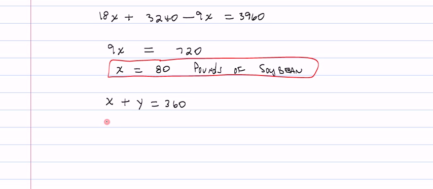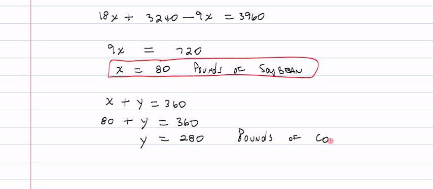So we have x is equal to 80, plus y is equal to 360. So we'll just subtract 80 from both sides. Well, 360 minus 80 is 280. So this 280 is the number of pounds of cornmeal that we need. So here are the two answers.